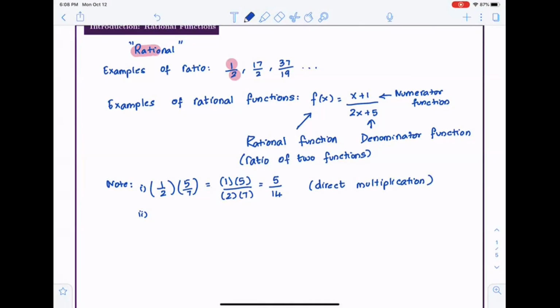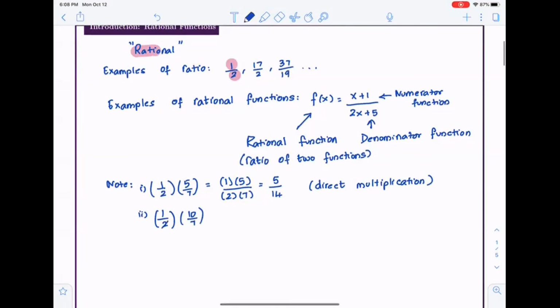Another thing that we like to do when we multiply is to simplify, then multiply. So let's say we had 10/7. So the first step would be to look at the 10 and the 2. 10 would get cancelled by 2.